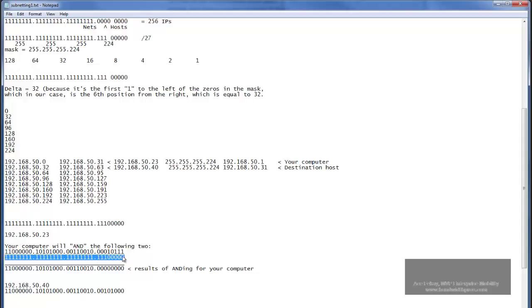Anyway, I will take that, copy that, and put it under it, because that's my computer's mask. Same deal. Copy. This is my computer's mask.